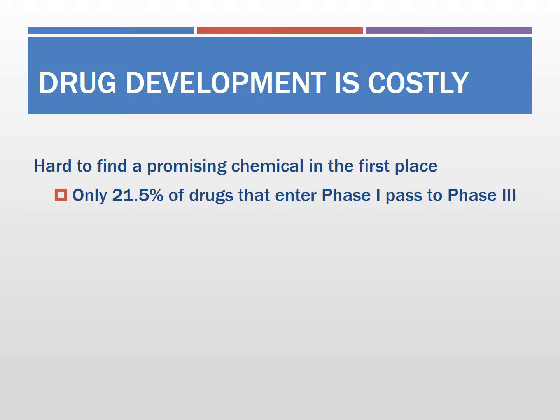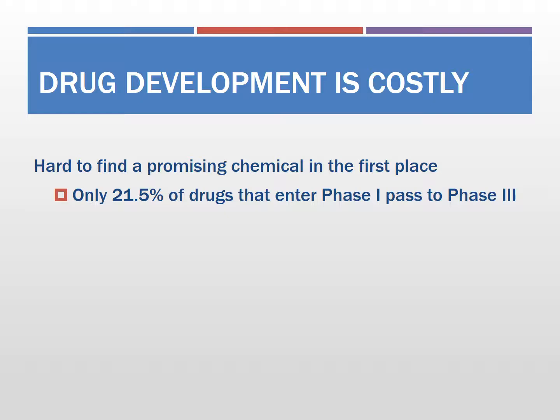That means for 100 new drugs that go into phase 1 and get into the human trials, unfortunately only 21.5 of those 100 drugs will pass from phase 1 to phase 3, and we're not even talking about getting approval from the FDA in the United States.